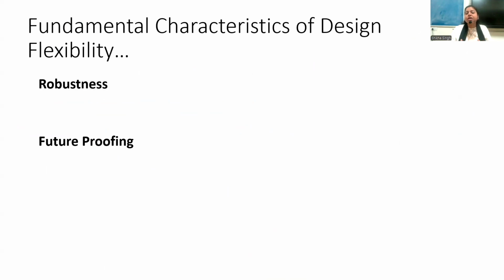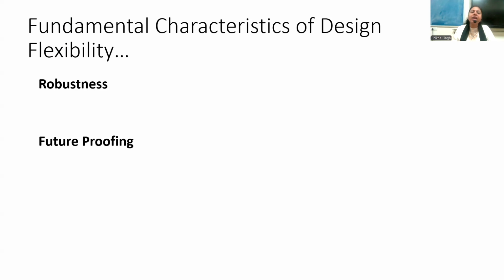If your design is not robust or not ready for future proofing, it will be a question mark, right? Because in this era, especially in the 20s, you can say we are moving very fast in the technological advancement domain.